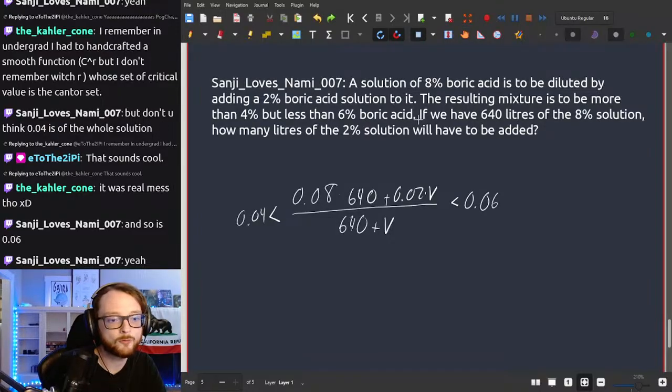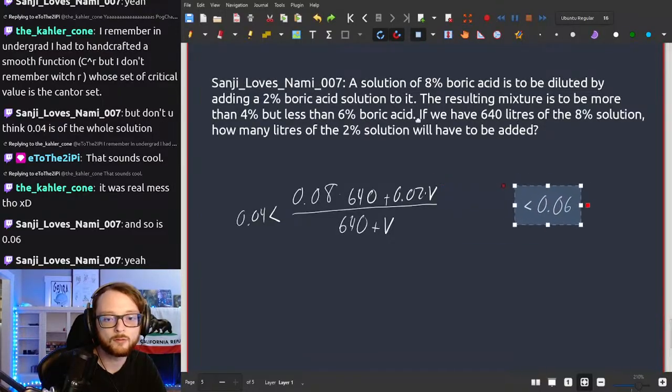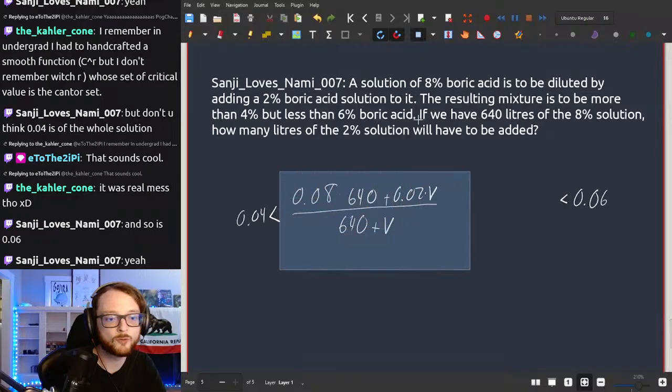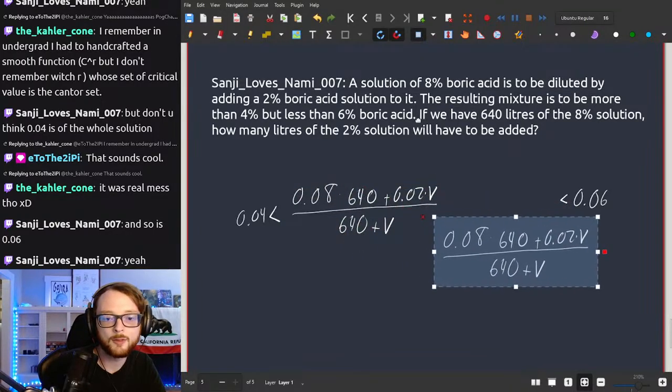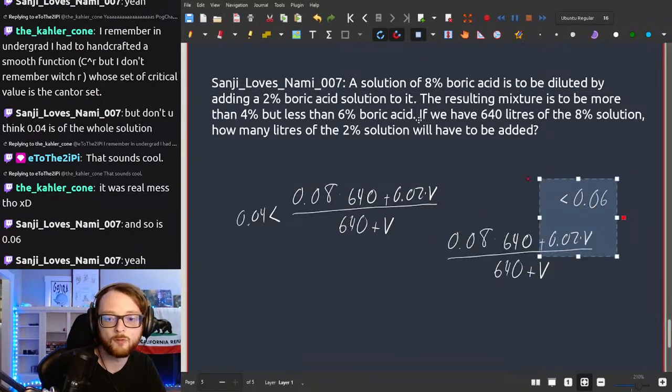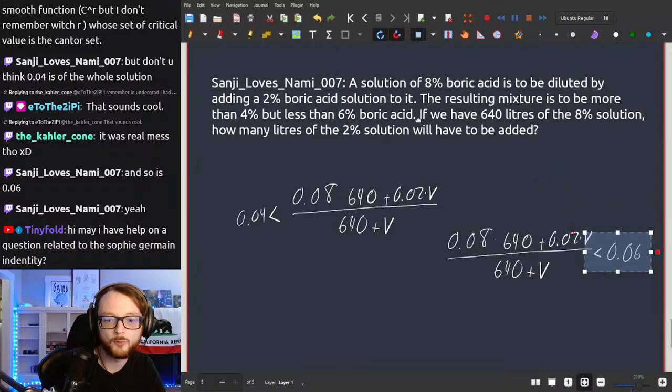Honestly, I think this is going to be easier if we split this into two separate inequalities. You could keep them as one and solve them simultaneously, but it'll get a little weird.